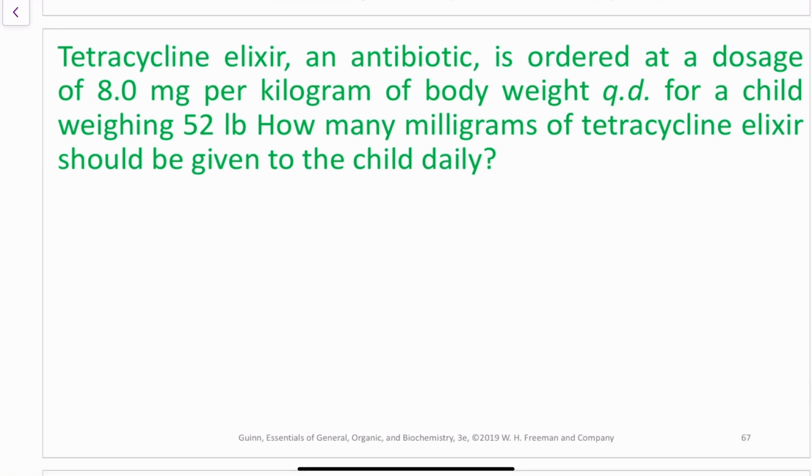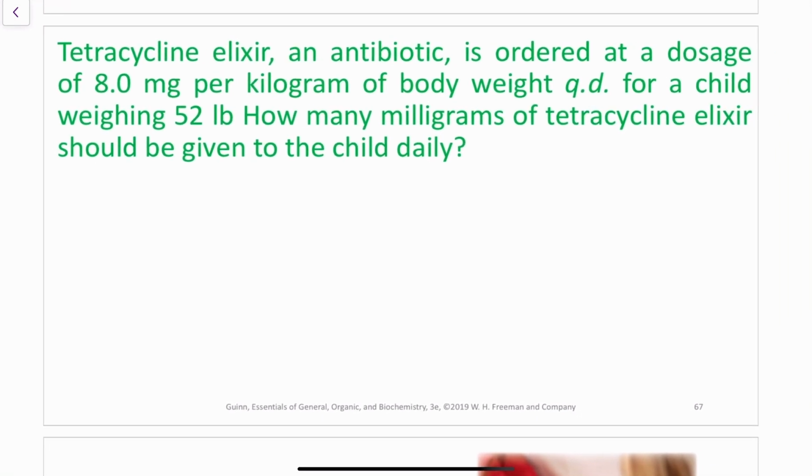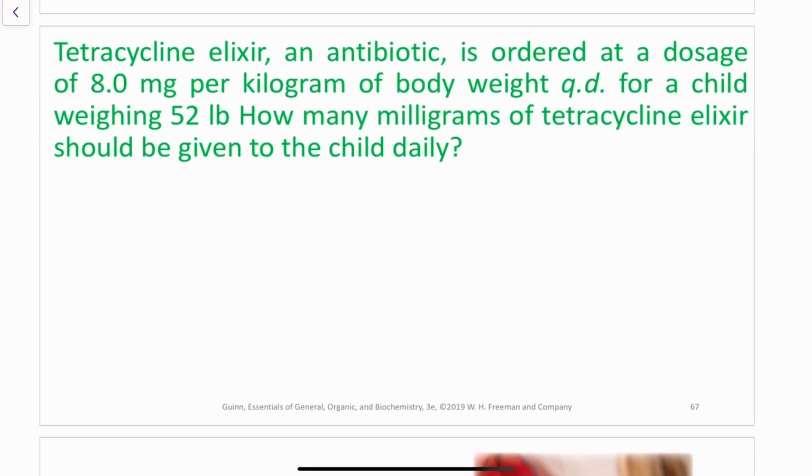So now let's try to do a second problem like that. Say tetracycline elixir, an antibiotic, is ordered at a dose of 8 milligrams per kilogram of the body weight. So I can make a conversion factor something like this: 8 milligrams per 1 kg of the body weight.